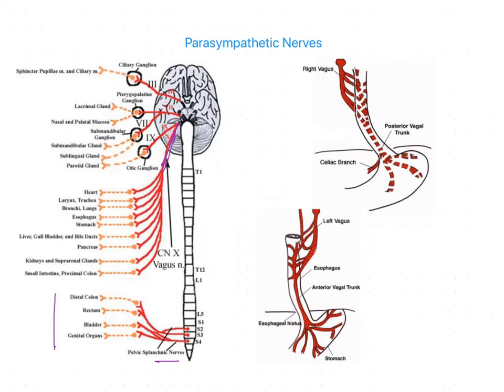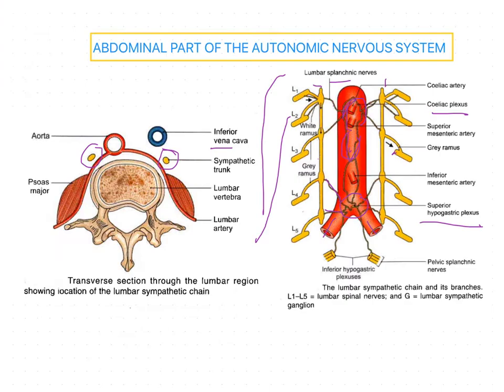So here we have seen that the parasympathetic nerves are derived from 2 sources. One is the vagus and the other one is the pelvic splanchnic nerves. So these pelvic splanchnic nerves join the inferior hypogastric plexus.